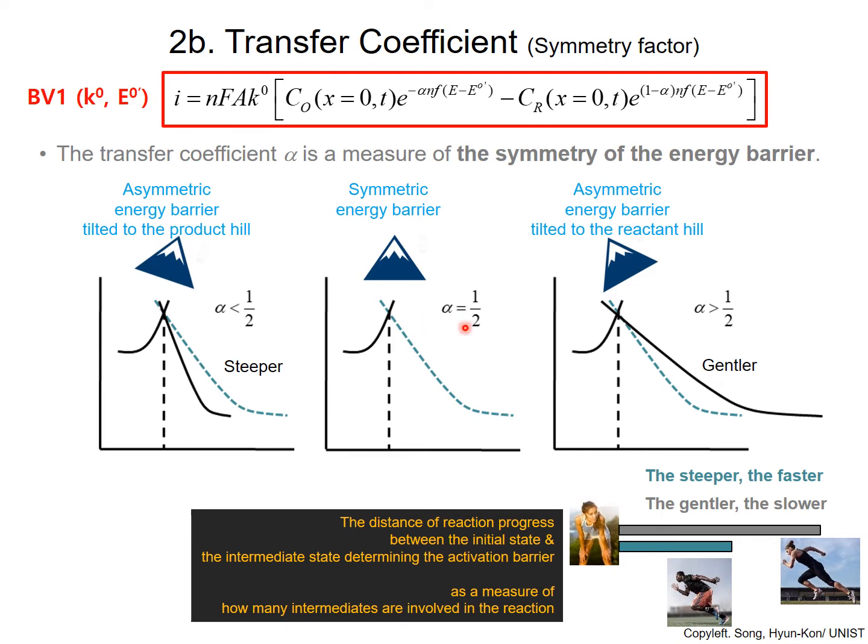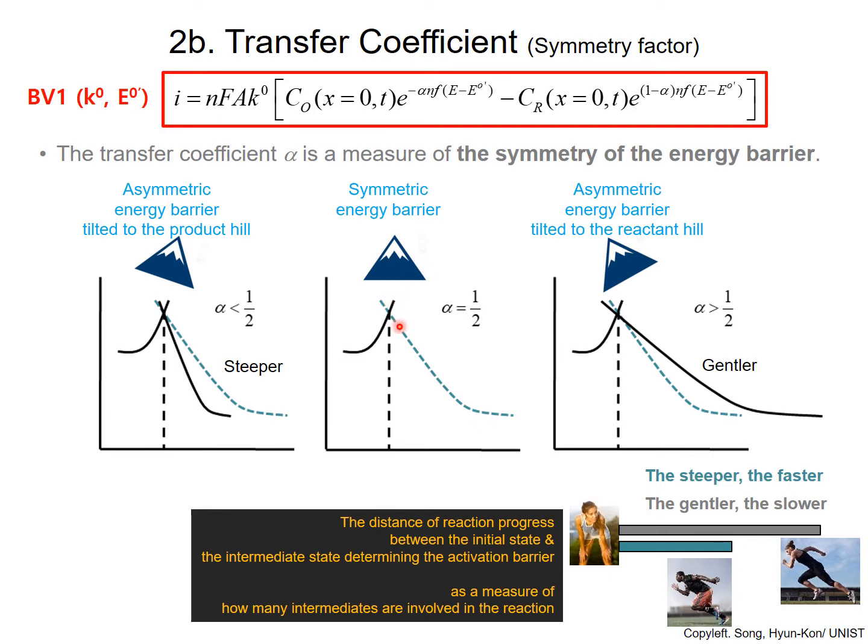Again, alpha is equal to 0.5. We should obtain the symmetric energy barrier. That is to say, the slope of the left heel of the energy barrier mountain is equal to the slope of the right heel of the energy barrier mountain.